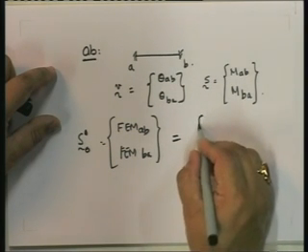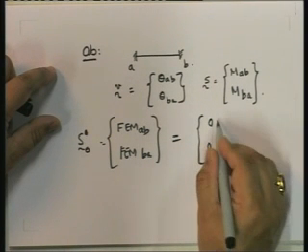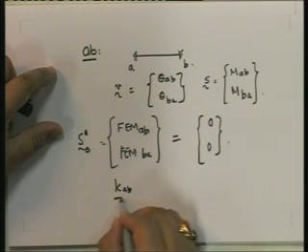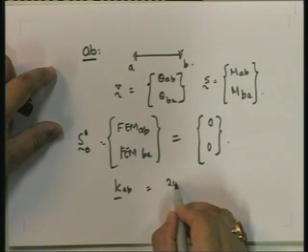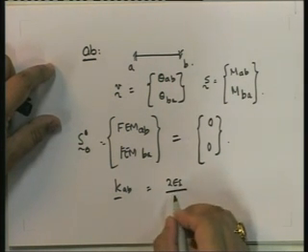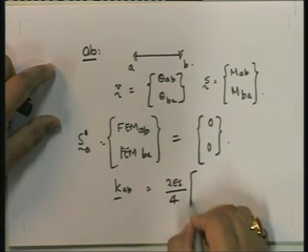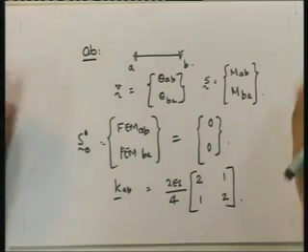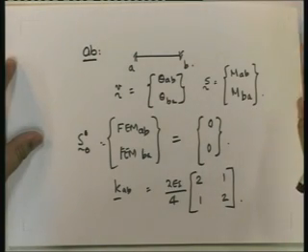S0 is equal to 0, 0, and KAB is equal to 2EI, and this is 4 meters, so this is 2, 1, 1, 2. Okay, so this is your member AB.